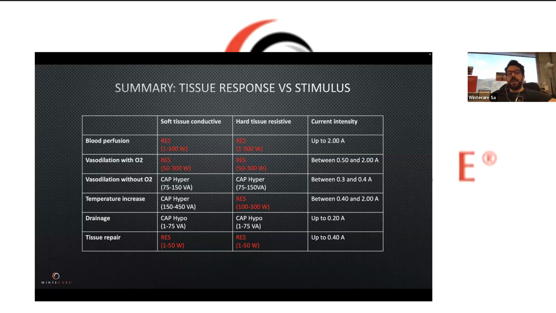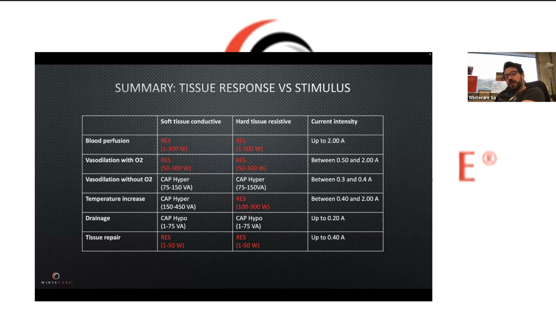So this is the way to read this. I suggest that you take a picture of this, because every protocol that I will show you is made starting from this slide over here. How did we come up with these numbers? The answer is through scientific studies. Thanks to the support of the university, we were able to understand how much current flow we need when we need to stimulate thermal reaction, or when we don't want to stimulate thermal reaction.